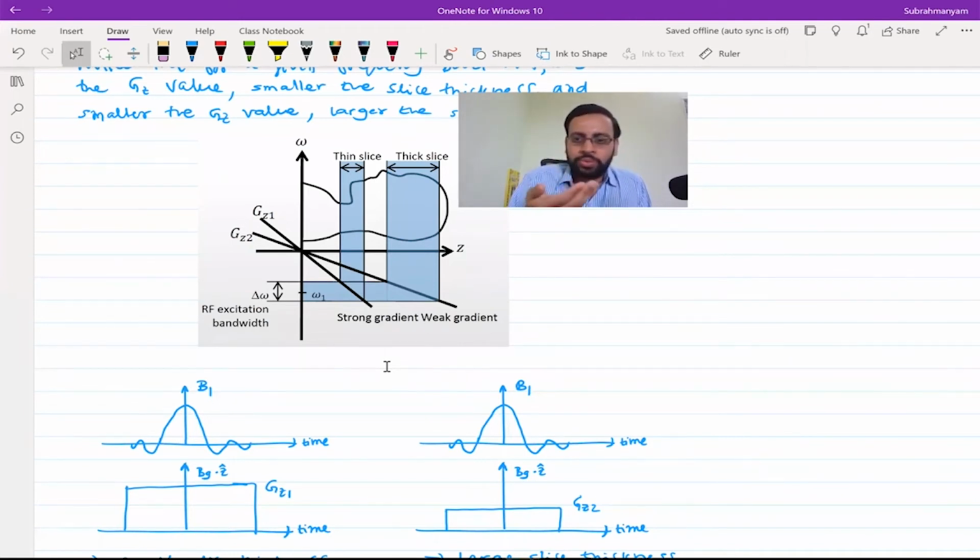Now the signal that you are measuring is on the XY plane. Since each of them within this thickness is rotating at different values, had it been just a single line, ideally, there would be no problem. But it's not just one line, there are multiple lines. A line is kind of zero thickness, if you consider it hypothetically.